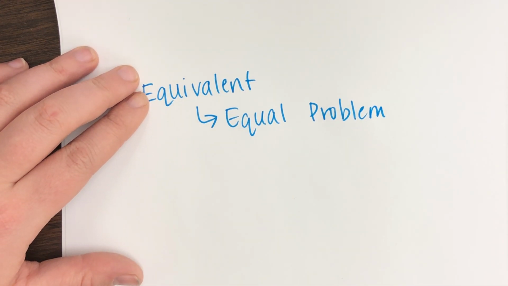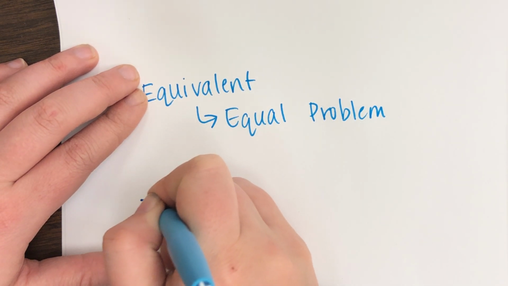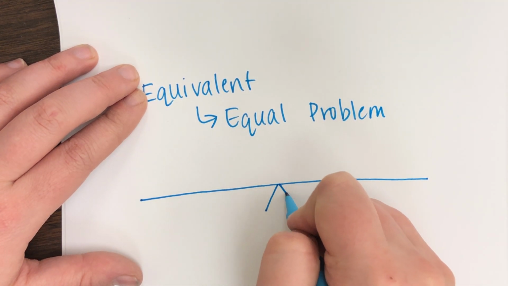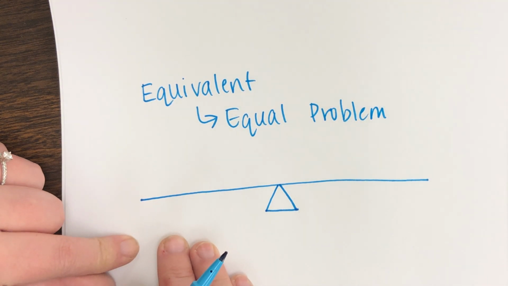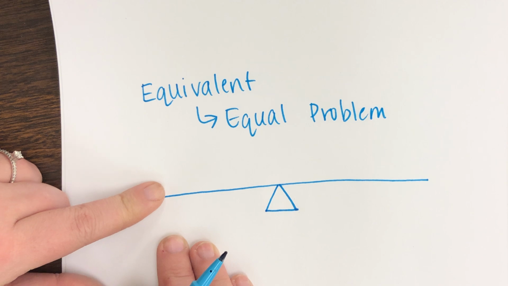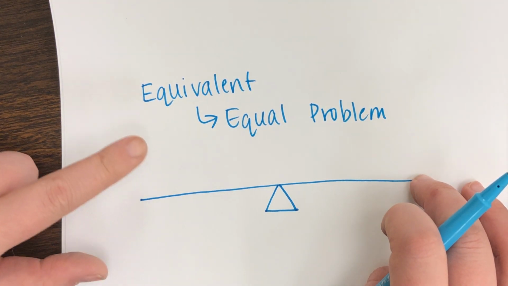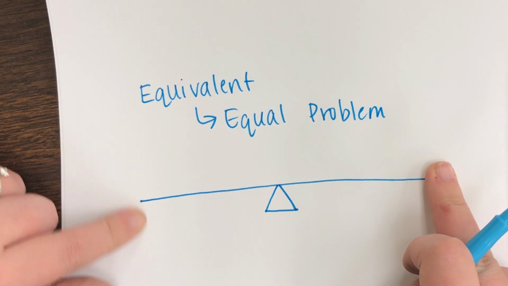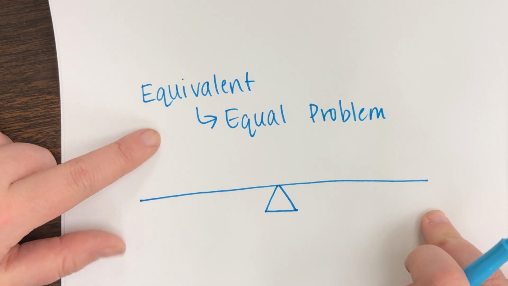First of all, I like to think of the picture of a seesaw. Whenever I think of equal, I think of an old-timey scale, where we have this thing in the middle called the fulcrum. If you've ever seen a seesaw on the playground, you know that if we put a child on this side and an adult on this side, the child would go up in the air because the adult is obviously bigger than the child.